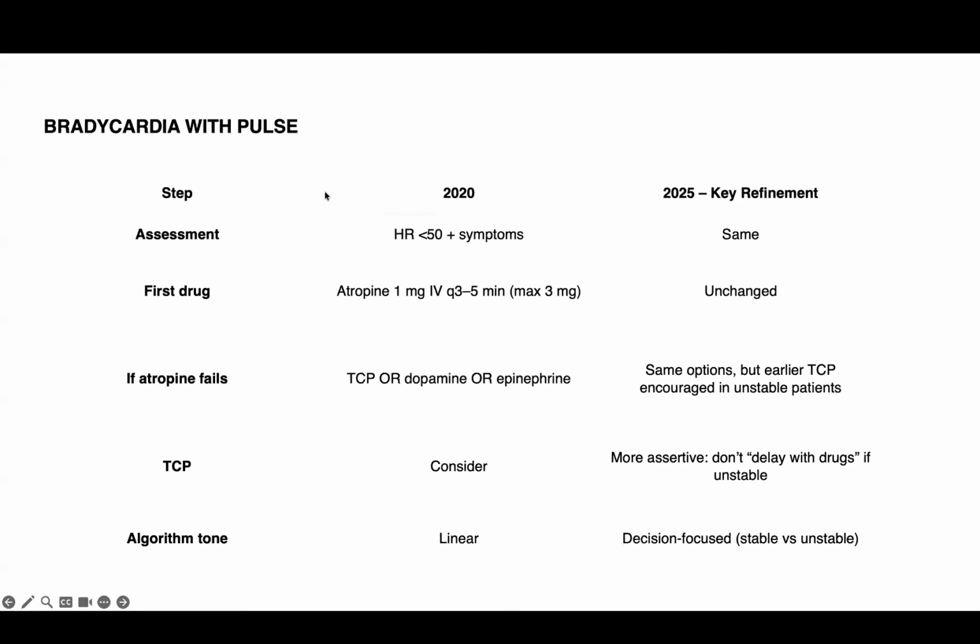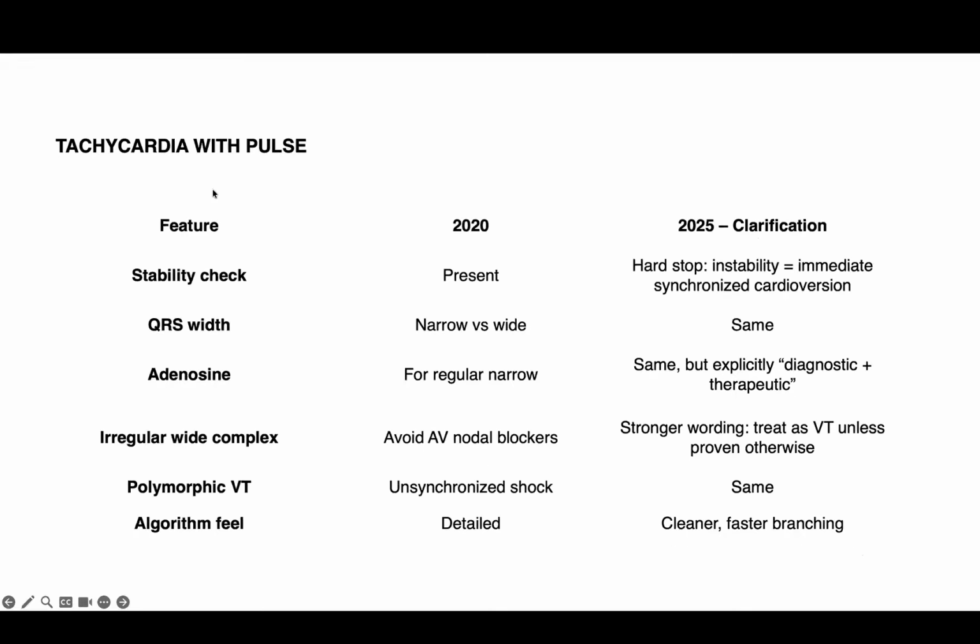With regard to bradycardia with pulse, assessment is the same. The first drug is the same. If atropine fails, the same options, but earlier transcutaneous pacing is encouraged in unstable patients. So the algorithm tone is now decision focused, like stable versus unstable. With regard to tachycardia with pulse, the stability check: if instability is there, you immediately go with synchronous cardioversion.